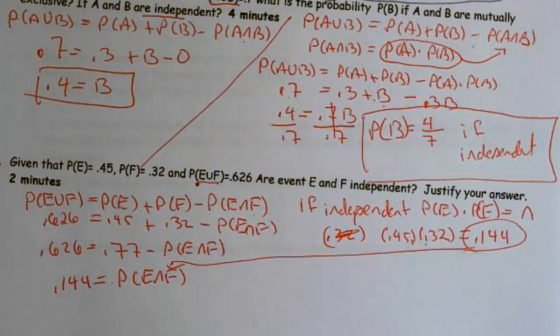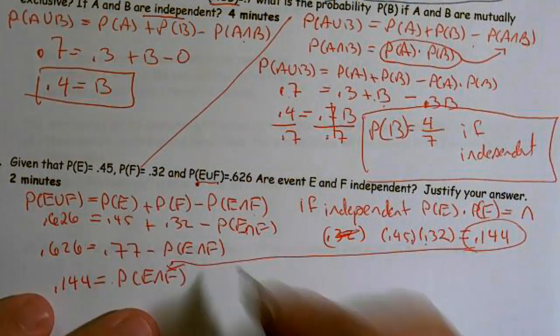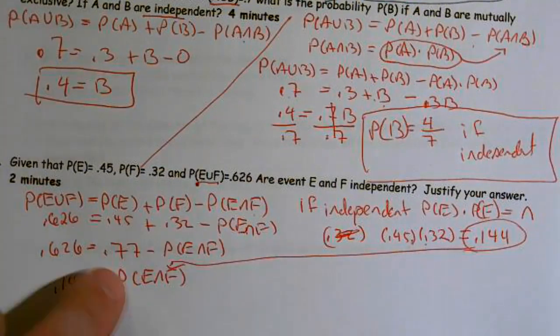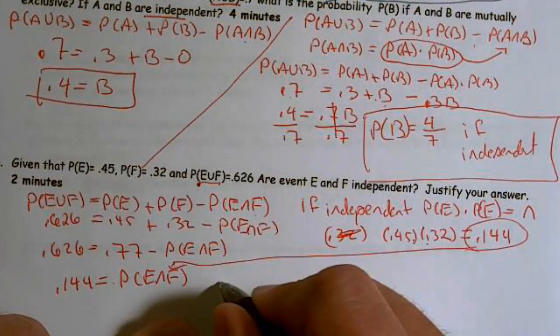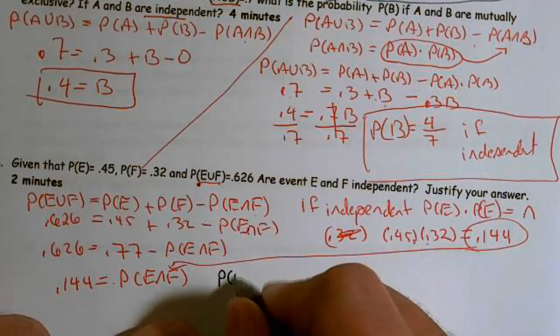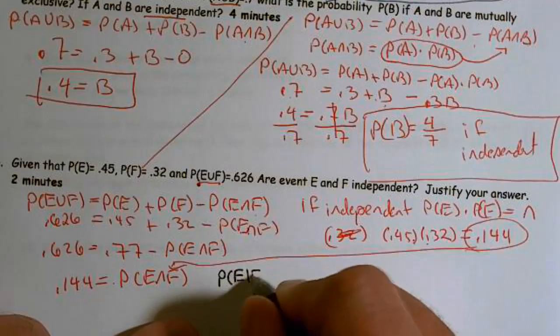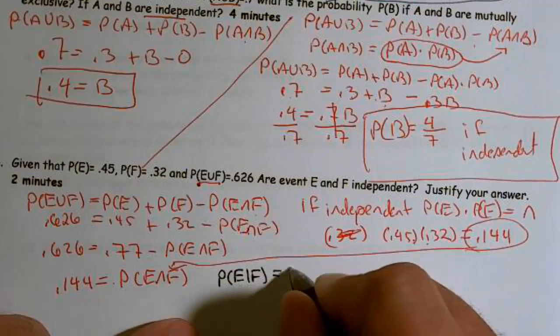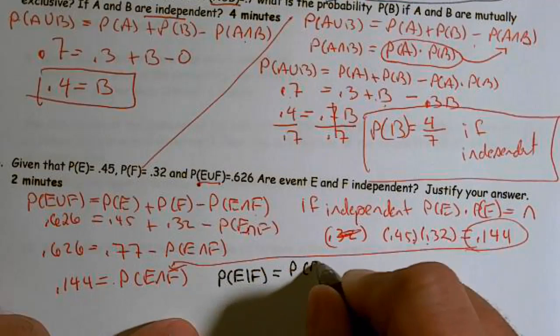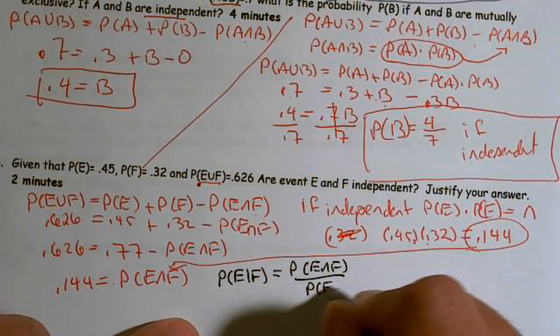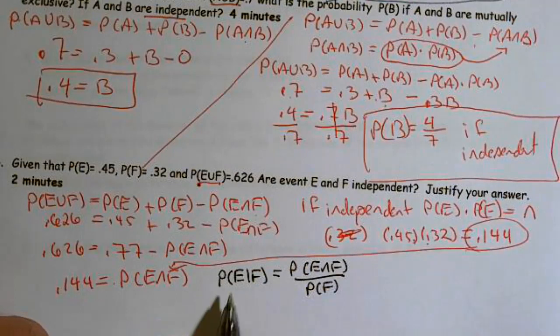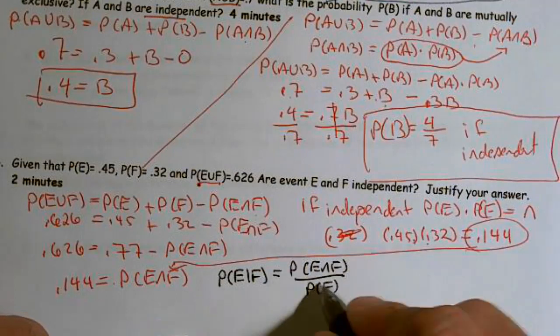Now, that's not the only way you could have approached this problem. The other way you could have approached this problem is once you had this intersection right here, once you've calculated this part, you could go, well, the probability of E given F equals the probability of E intersect F over the probability of F. And in that case, we know that's true.